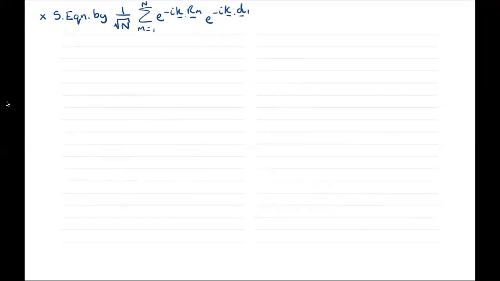So we're going to multiply the Schrödinger equation by 1 over root N, sum over m equals 1 to N, e to the minus i k dot r sub m, e to the minus i k dot d1, phi 1 star of r minus r sub m minus d1.